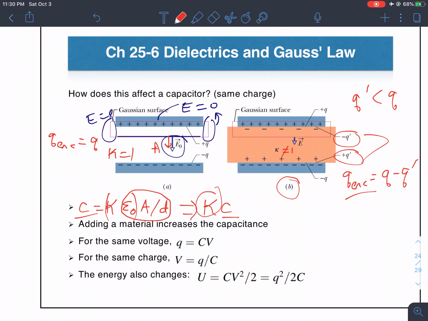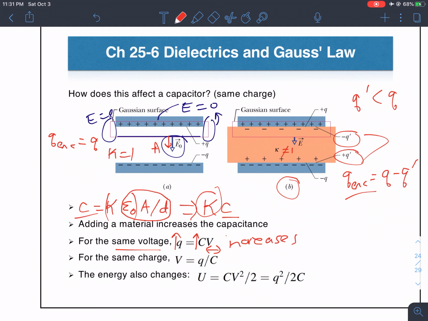And for the same voltage, since Q is equal to CV, we know that V is the same, and capacitance increases. What happens to charge? Charge also increases.